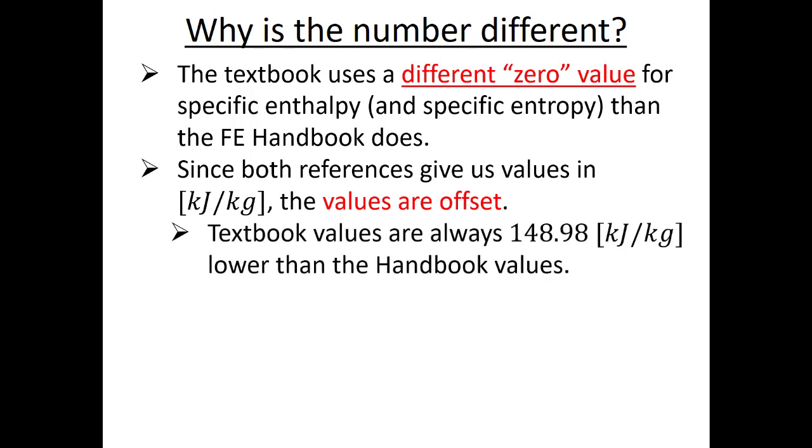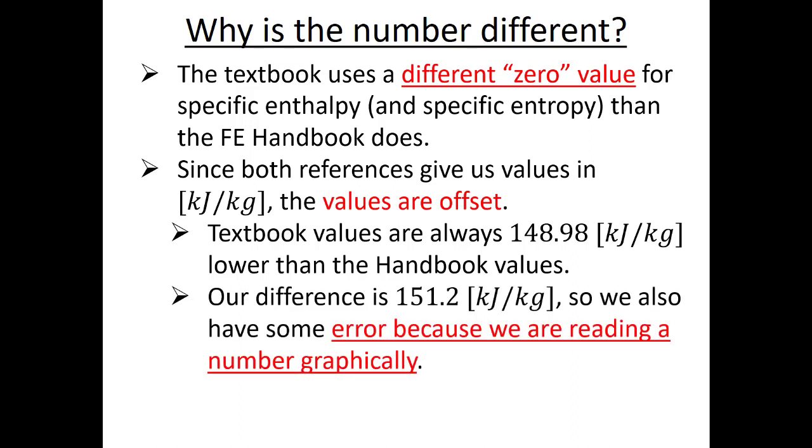The textbook values are always about 150 kilojoules per kilogram lower than the handbook values, or the values that I'm pulling off this table. Practically, what this means is that we can never do a problem halfway with the table and halfway with the chart. We've got to pick one method and stick with it.